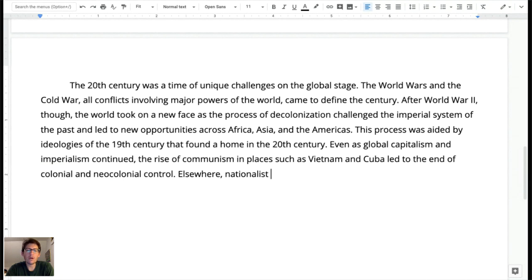So I want to go to my second part of this thesis. I'm looking here at the brainstorming stuff that I did on paper, trying to get this together. Elsewhere, we see nationalist ideologies uniting. Elsewhere, nationalist ideologies united. Unite the populations of India and the Middle East, because I want to talk about Pan-Arabism against European domination.